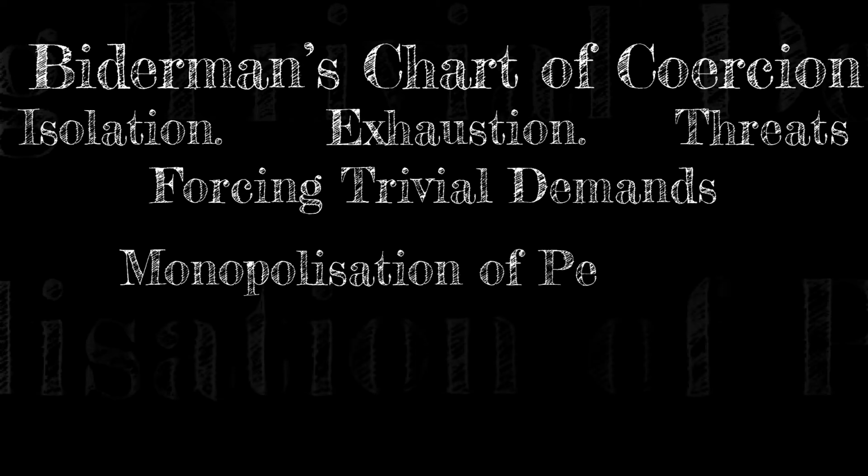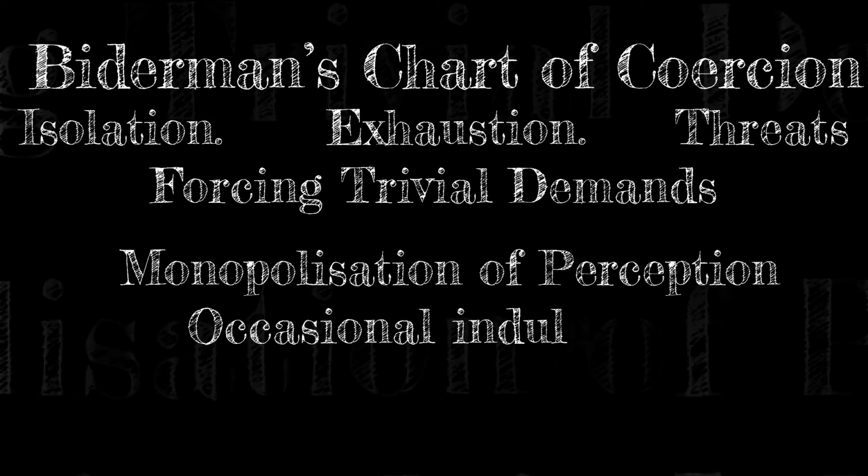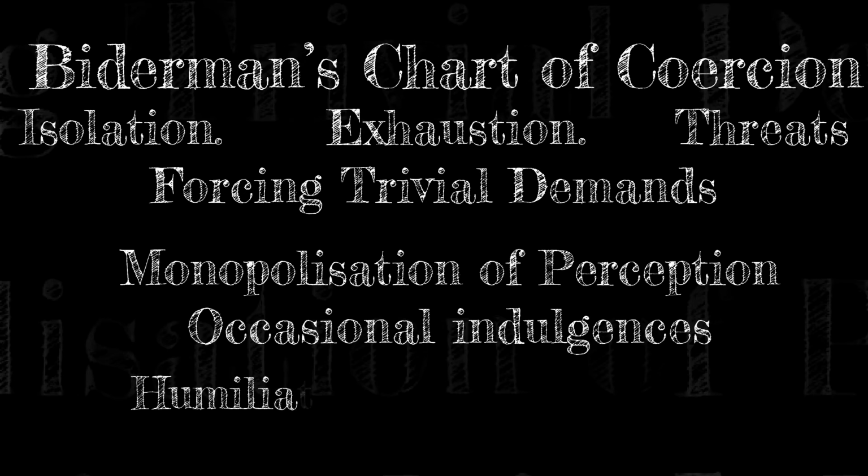In 1973, a report on torture by Amnesty International stated that Biderman's Chart of Coercion contained the universal tools of torture and coercion. In 2002, US military trainers offered an entire training class to Guantanamo Bay detention camp interrogators. In 2008, documents revealed to the congressional investigators that these methods were being used at the camp.